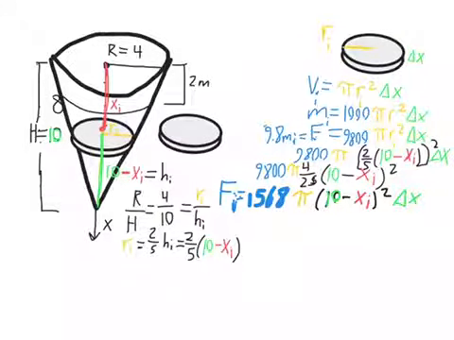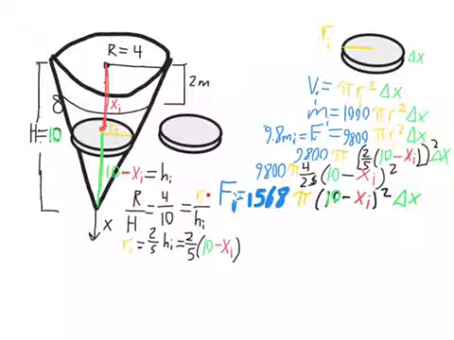Now, what about work? Remember, we finally want to deal with work. And we did all of this for the express purpose of representing this in terms of knowing that I'm going to, at any given point in this thing, if I have a stack of disks, I'm going to take those disks and move them a distance that we've determined to be xi based on similar cones.